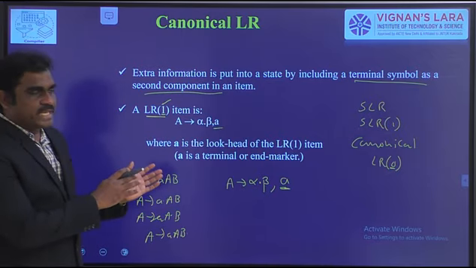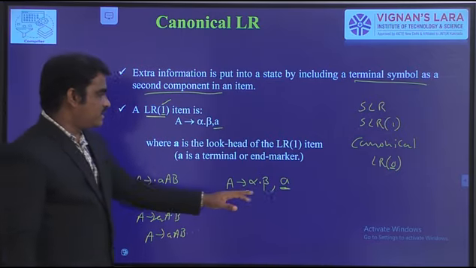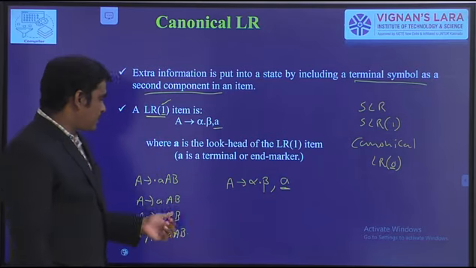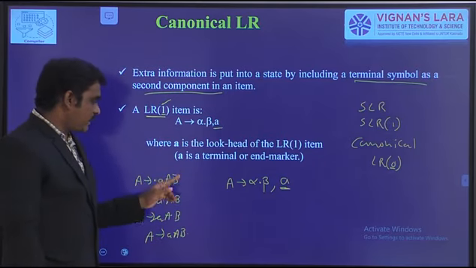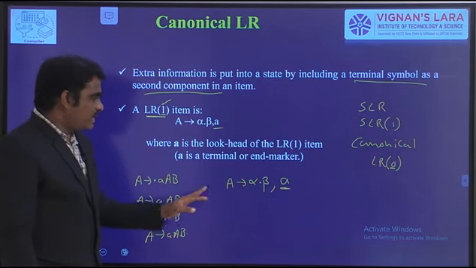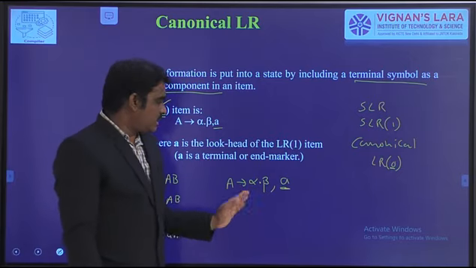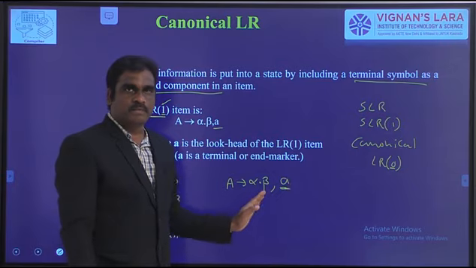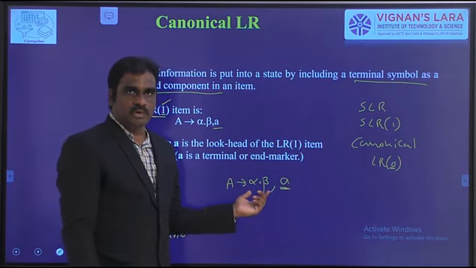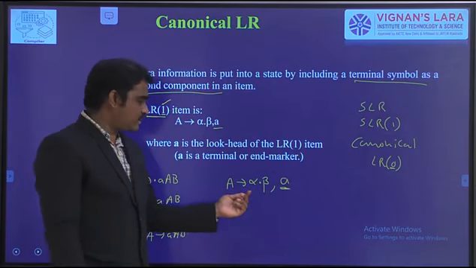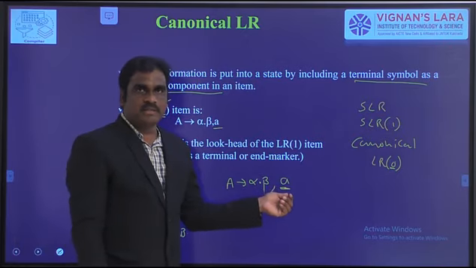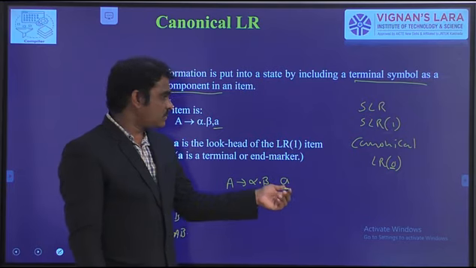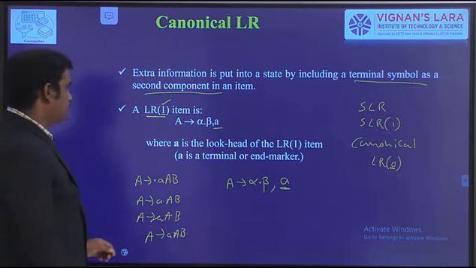Remaining everything is the same. The only difference is this: in SLR we have only one component on the right hand side, whereas in CLR we have 2 components. The first part is the production, which is almost the same as in SLR, and the second component is the lookahead symbol.